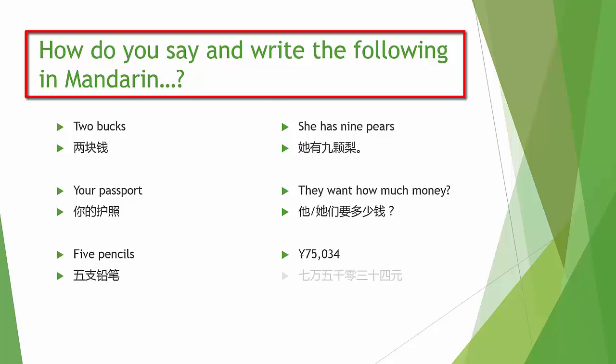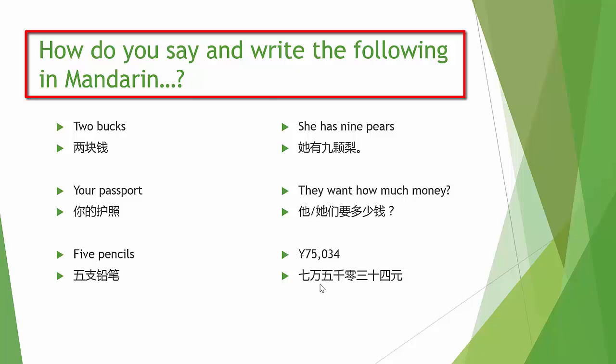So if you can get it right, it is 75034元. As you still remember, 1 is the 10,000s. There is 75,000 here. So you say 7万, and the rest should be okay for you.